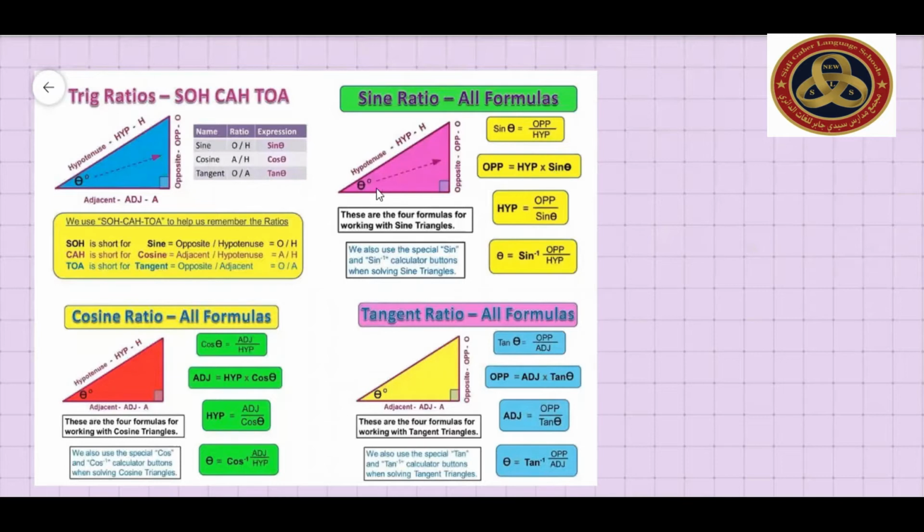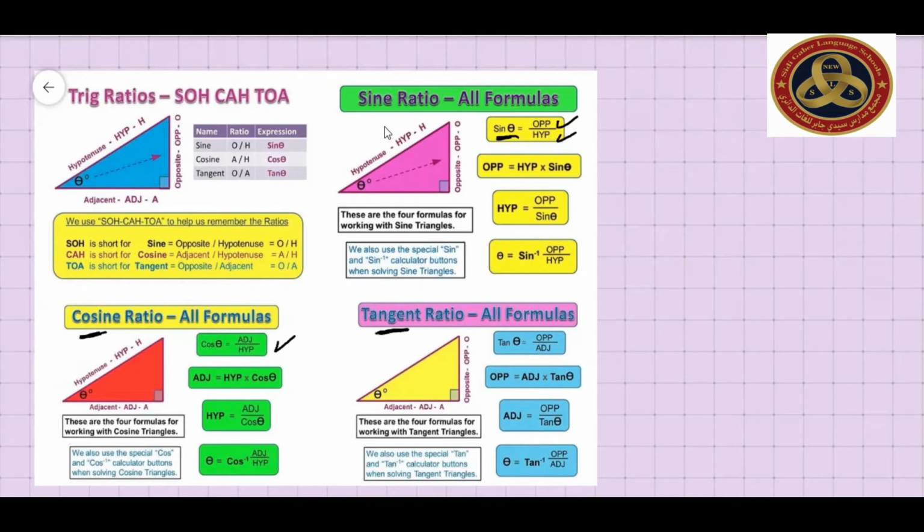We can get the rules from this figure. Look at this triangle, the first one. We have the trig ratios: sine, cosine, tan. The first one, the sine ratio. What is the sine ratio? In this triangle, sine equals opposite over hypotenuse. And in this triangle, the cosine equals adjacent over hypotenuse.